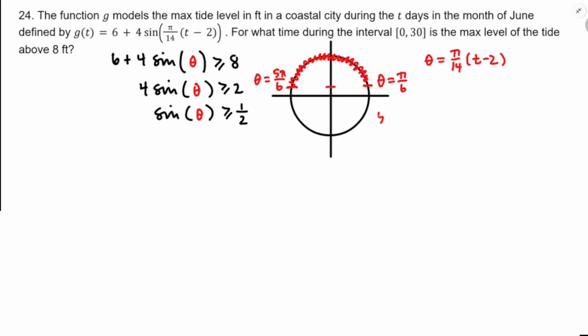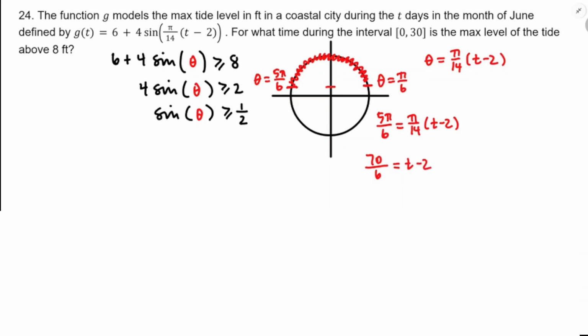All right, so 5 pi over 6, that's my theta value. That's going to equal pi over 14 multiplied by t minus 2. So I think I'm going to multiply both sides by 14. 14 times 5 would be 50, and 20 is 70. Also divide both sides by the pi. 70 over 6 equals t minus 2.